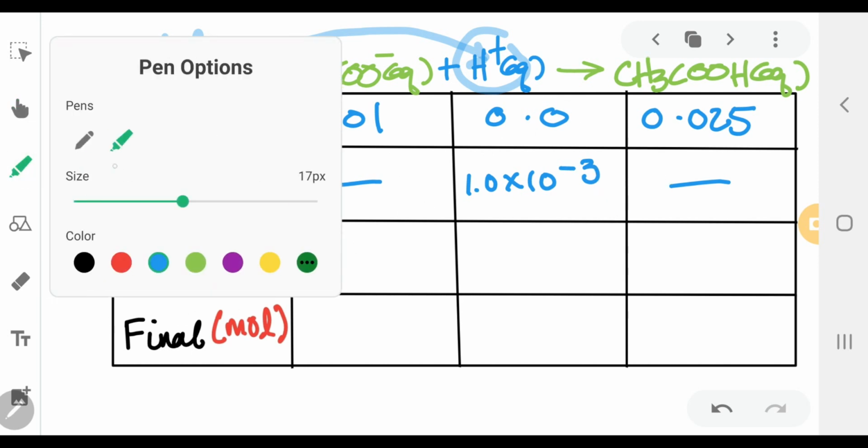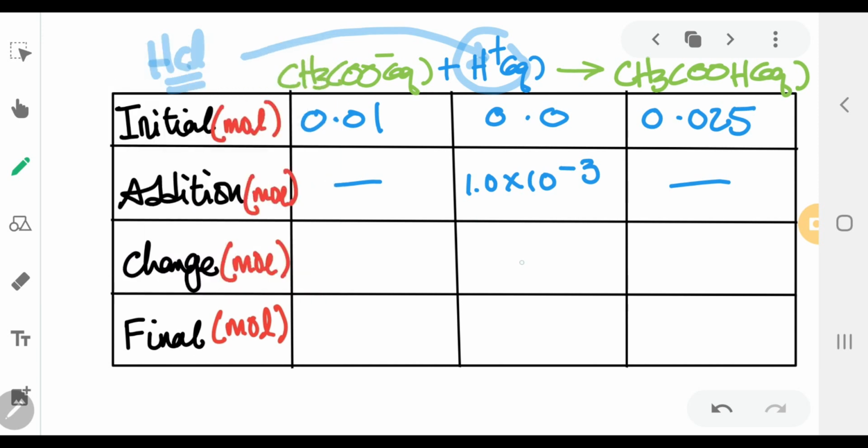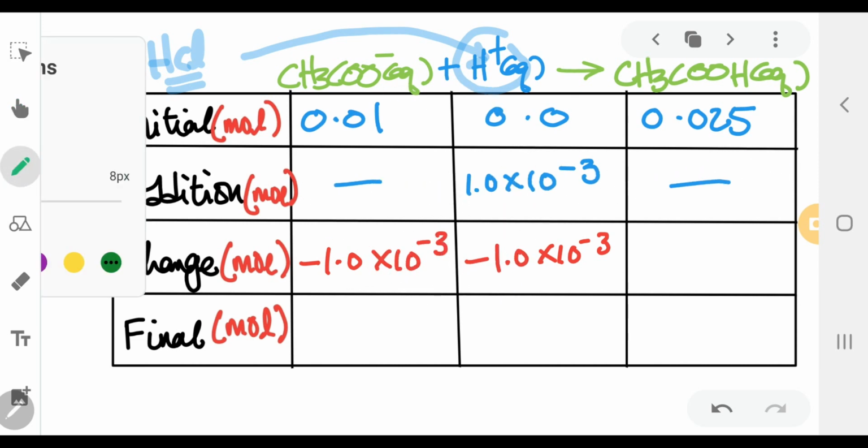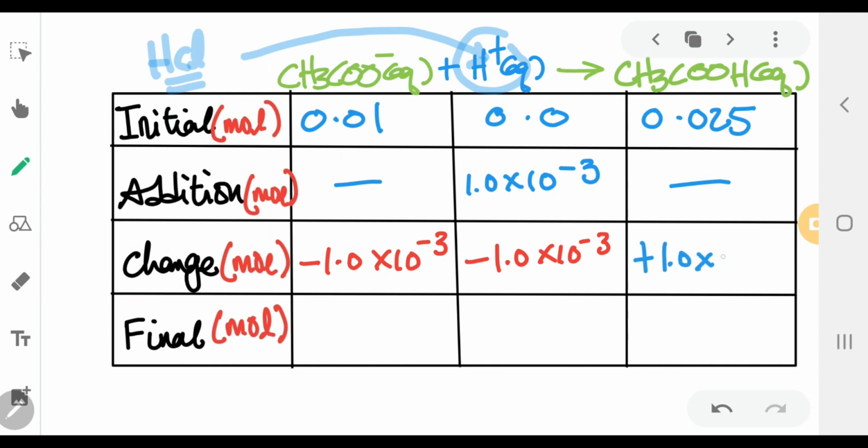So over here for the change, we're going to be minus, because this one will be used up. And this one also minus 1.0 times 10 to the power of -3. So we use minus because they will be used up. This is the forward reaction. And over this side, you will be adding 1.0 times 10 to the power of -3.